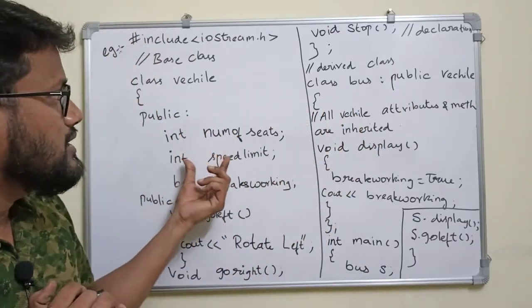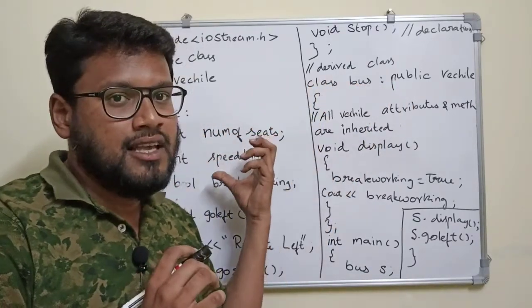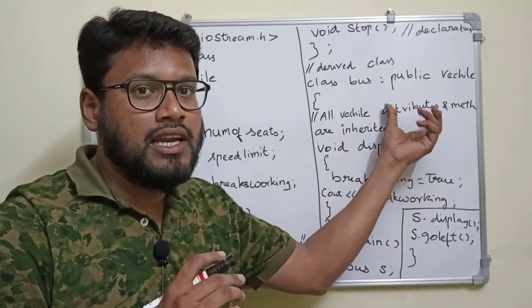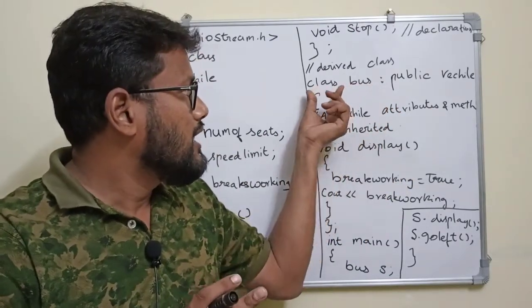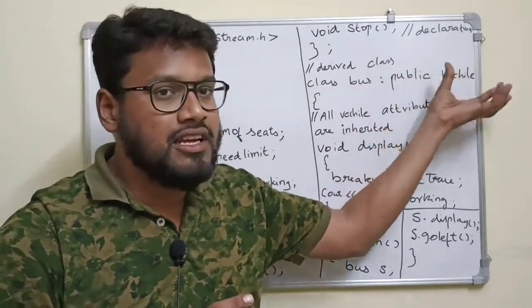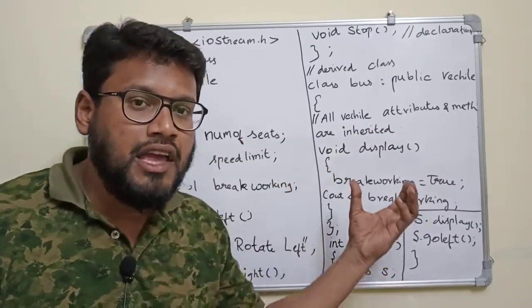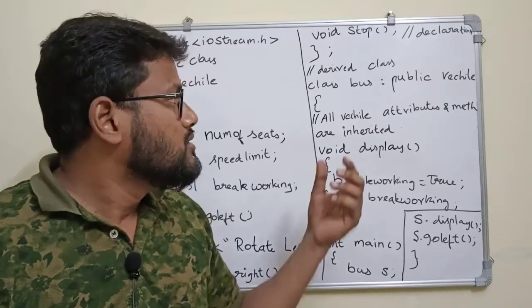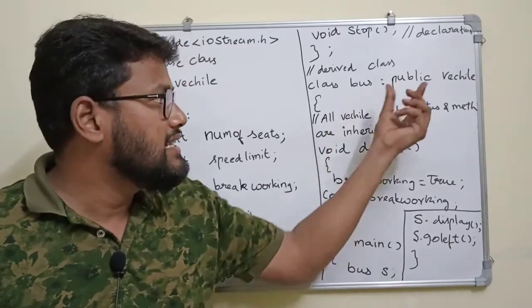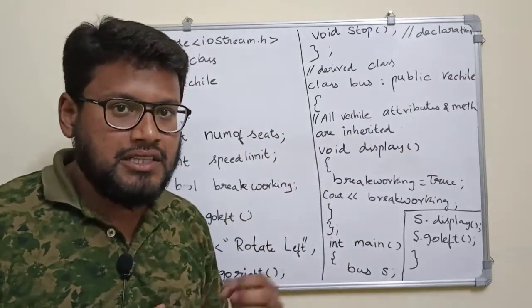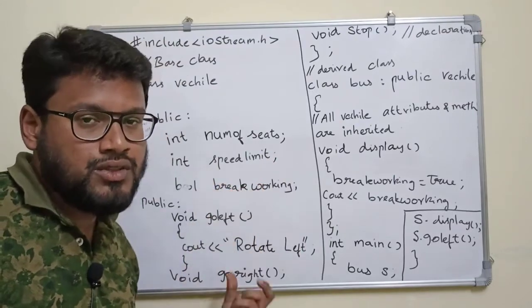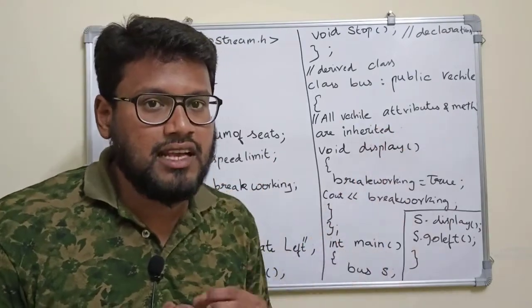Using this base class, I inherit it into the derived class like class bus : public vehicle. These functions and attributes are the same in the other derived classes. So in this bus derived class, I inherit the vehicle. That means I can access these attributes and functions in that derived class.